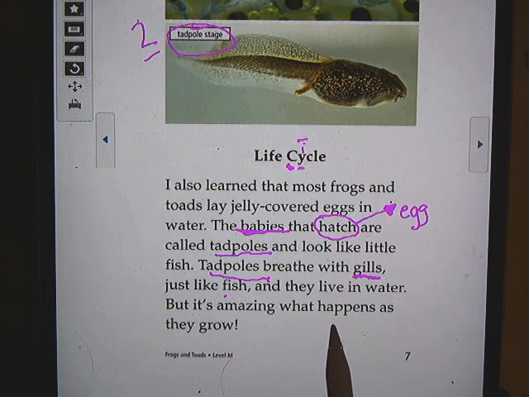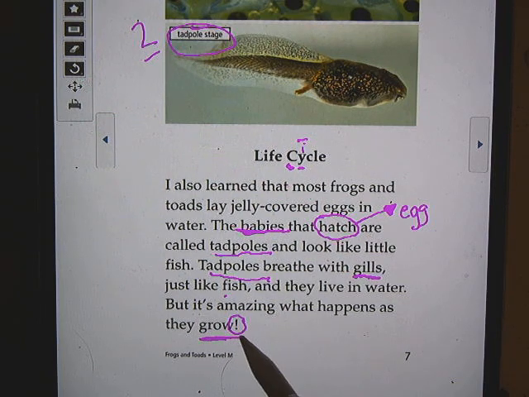But it's amazing what happens as they grow. Again, this is showing a lot of excitement because what does it end with? It ends with an exclamation mark, and an exclamation mark shows strong emotion. So it's amazing. It's not something that you typically see. It's amazing what happens next.